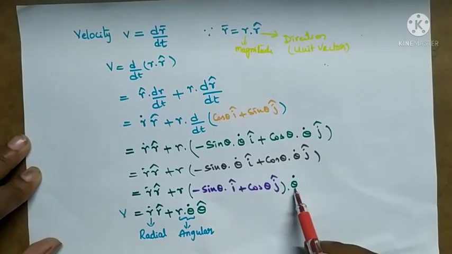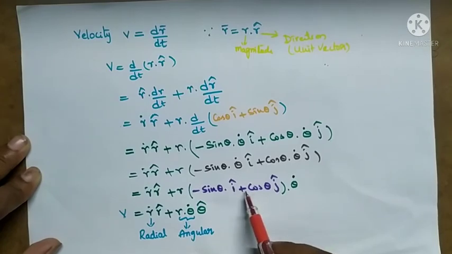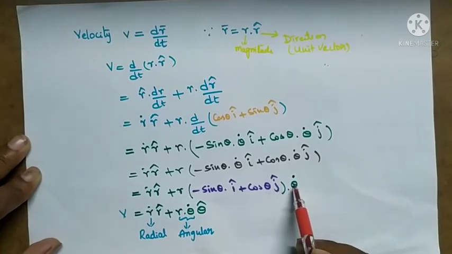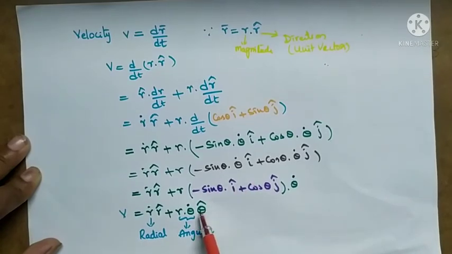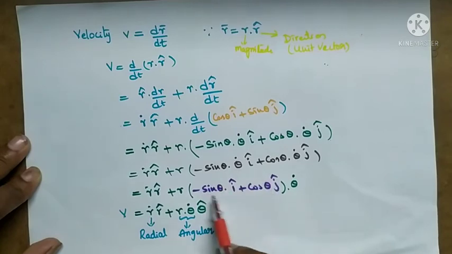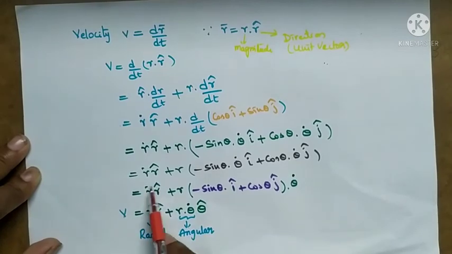Then you take theta dot common, then minus sin theta i cap plus cos theta j cap into theta dot. Then this bracket term is equivalent to theta cap, which represents the unit vector of angle theta. Therefore the remaining is r theta dot into theta cap, and the rest is r dot into r cap.